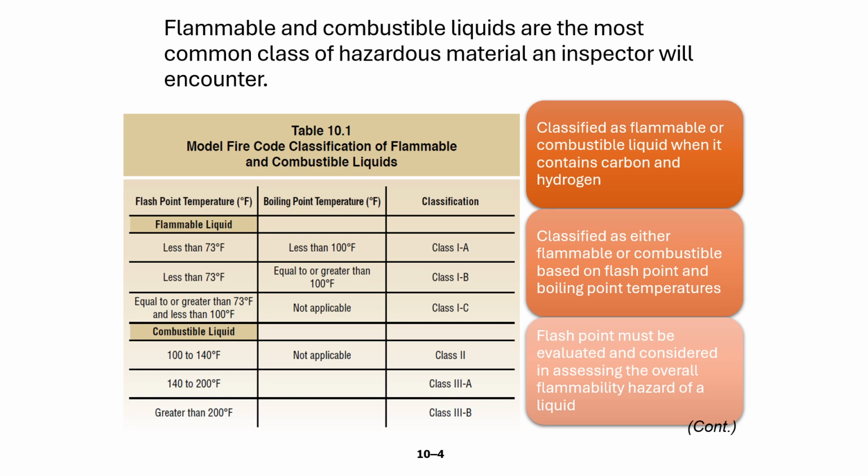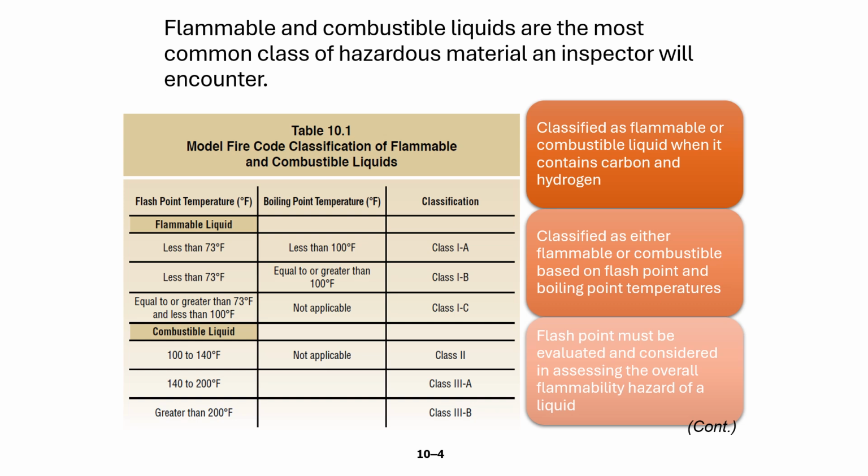So flammable and combustible liquids, this is a good chart here, but the most common class of hazardous material that we'll encounter. Very prevalent, and we deal with liquids that have the ability to ignite more frequently than any of the other types of liquids that have been already categorized.